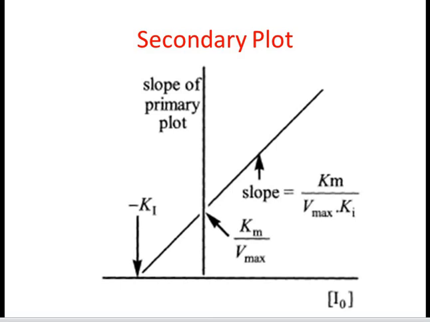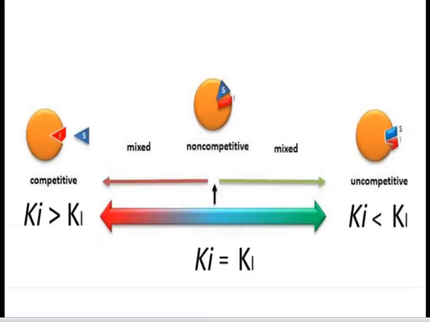The equation for V0 derived above is a relatively general one since no assumptions were made about the values of K_i and K_I, and it can be simplified for special cases. If ESI cannot be formed, then K_I is equal to infinity, and the equation becomes that for competitive inhibition, regardless of whether the substrate and inhibitor bind to the same or different sites.